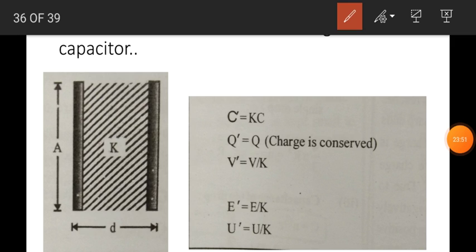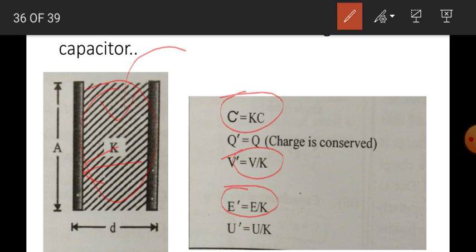Let me repeat once again. When you charge the capacitor, disconnect it and introduce the dielectric, capacitance will increase, potential difference will decrease because of the polarization effect, K times. Electric field will also decrease due to the polarization effect, and since these two are decreasing, total energy stored will also decrease. Charge will remain the same.